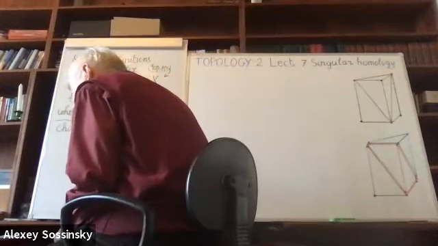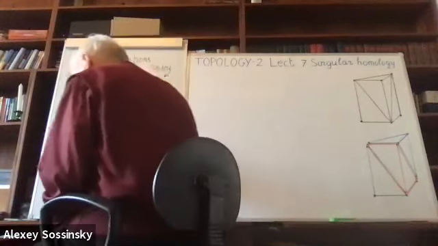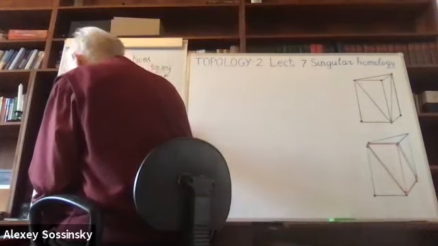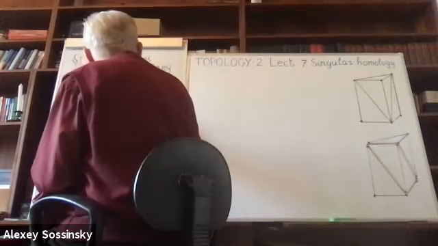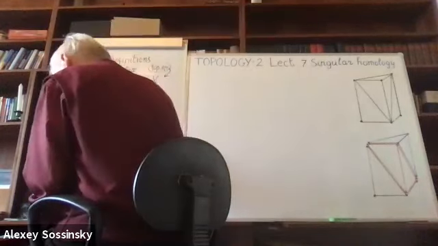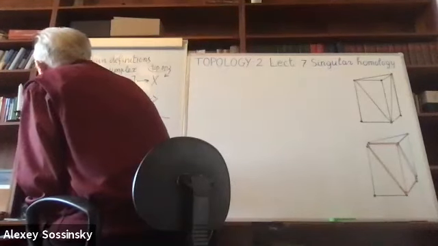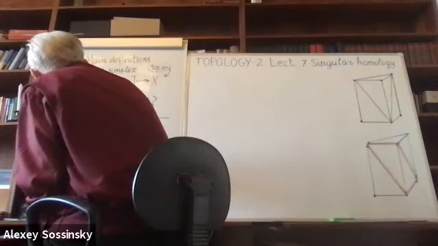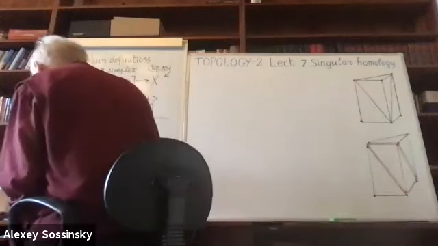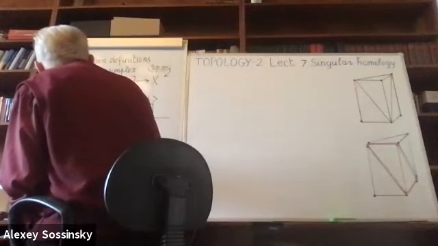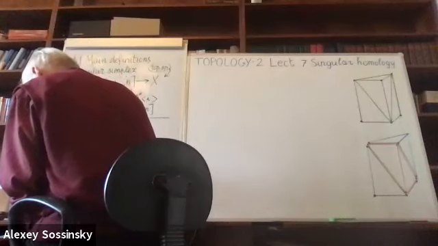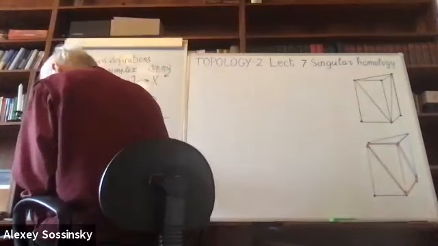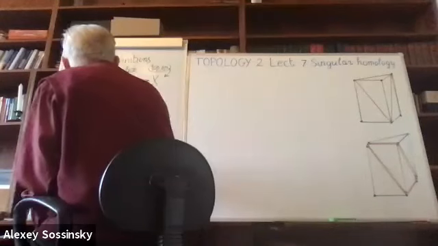And now we can define the chain group. A chain group, which is denoted as chain groups usually are, Cn of X, is by definition the set of chains, each chain being a formal linear combination over alpha of z alpha sigma n alpha.